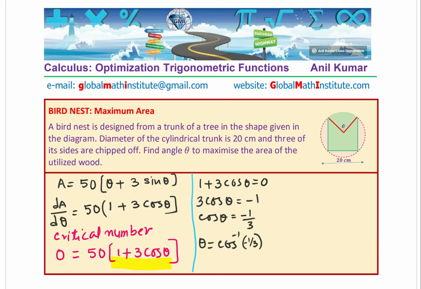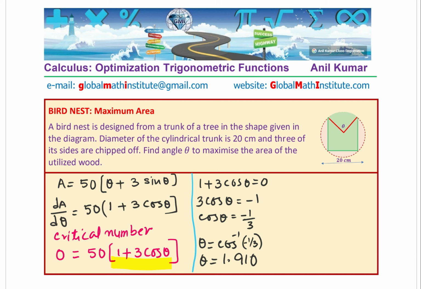So let's use the calculator and find this particular angle. In radians, we have shift cos inverse of minus 1 divided by 3. So the calculator gives me 1.91. That's good. So theta equals 1.910. Correct?